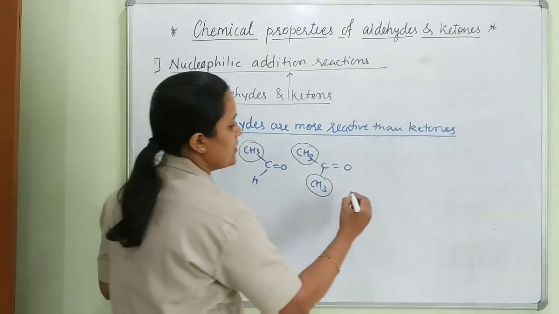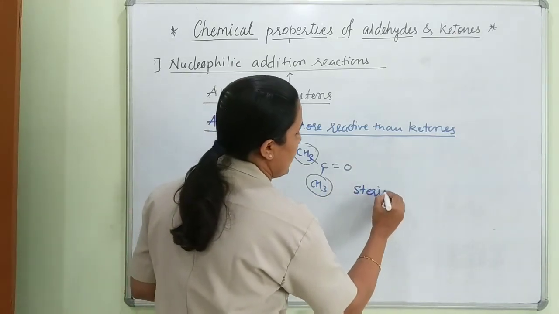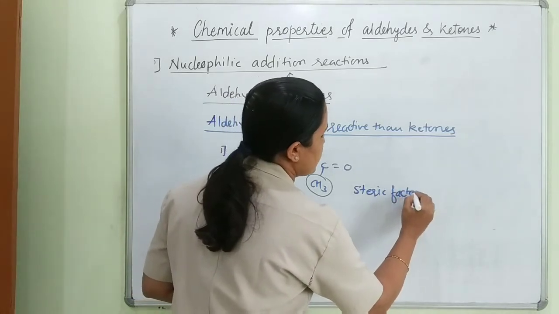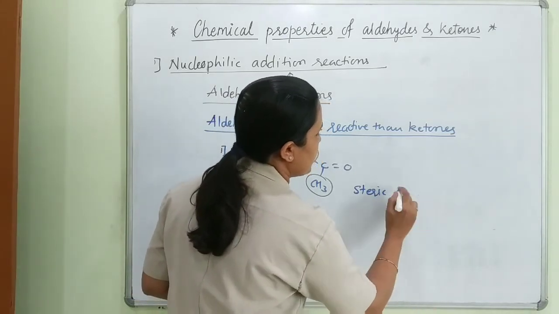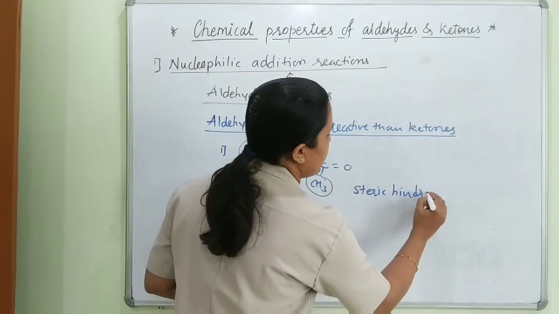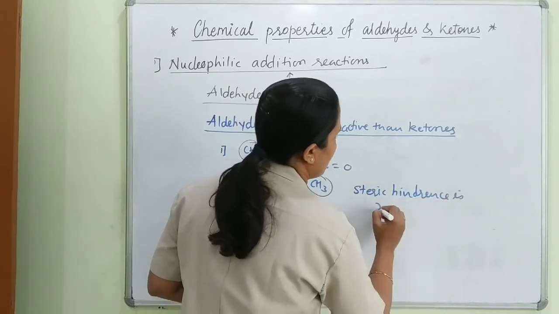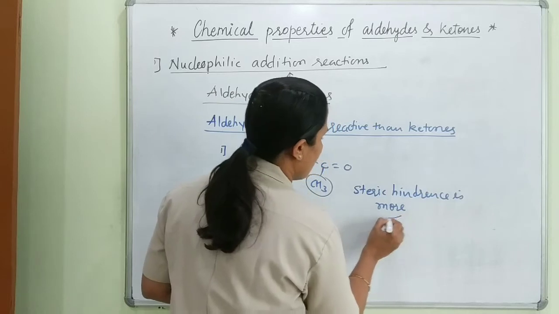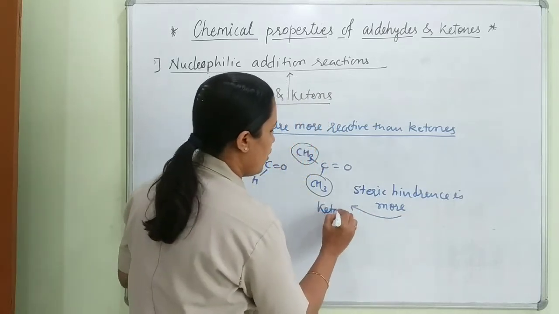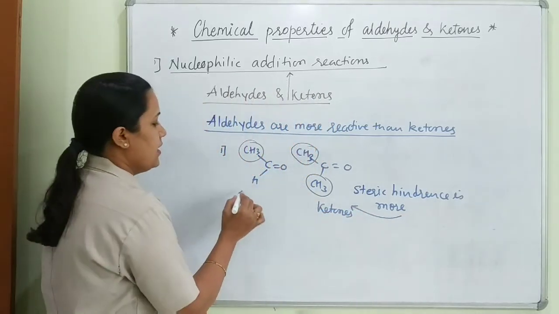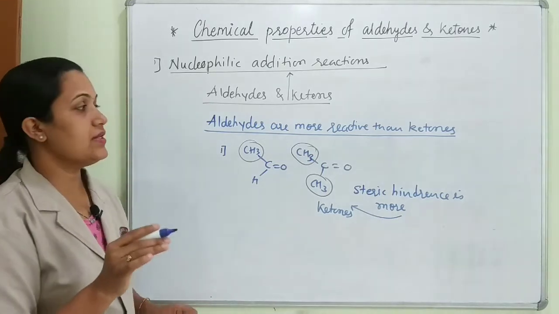So what will happen here due to the steric factor, or I will write it as steric hindrance? Steric hindrance is more in the case of ketones, and in aldehydes the steric hindrance is less.